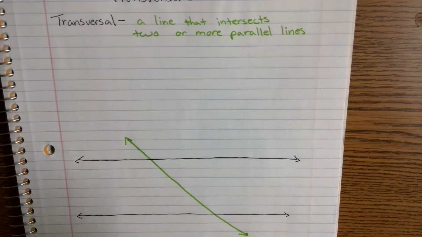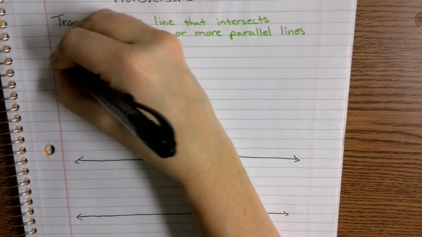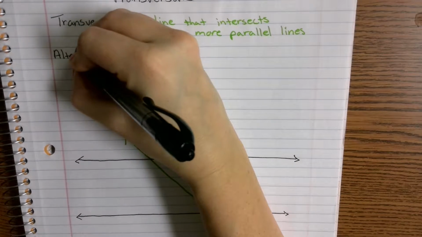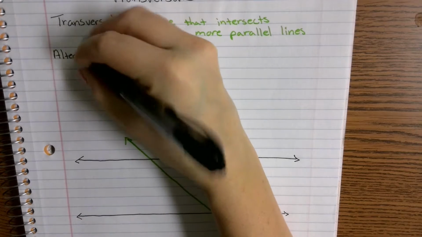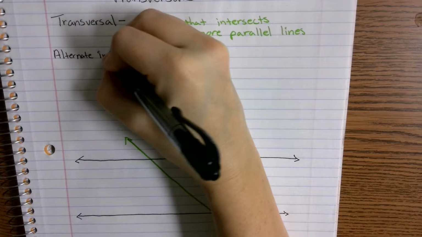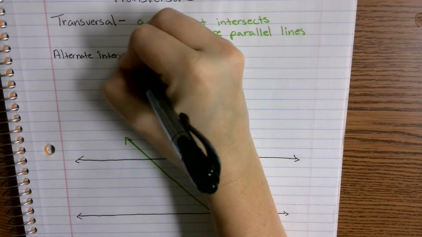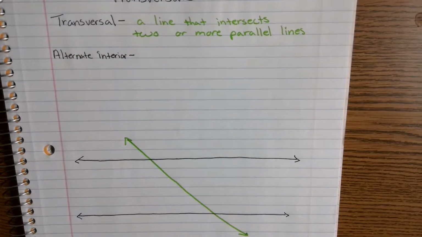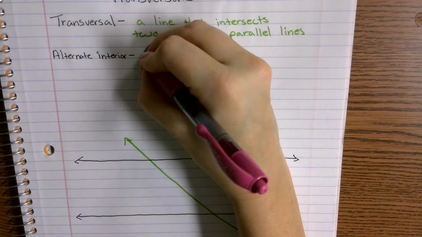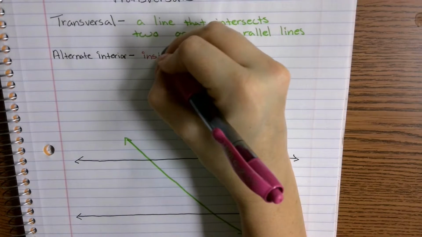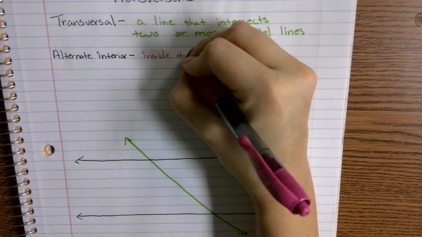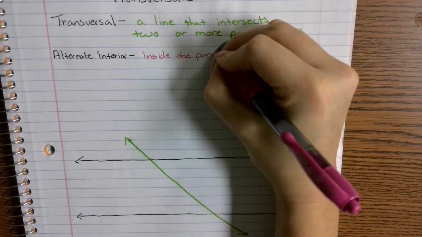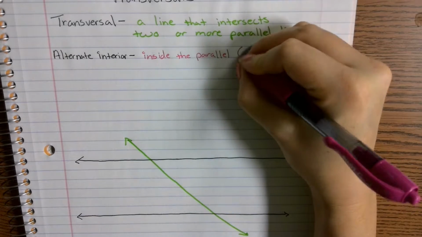Now we've got what's called alternate interior, and with alternate interior, it just means that it is inside the parallel lines, or between.